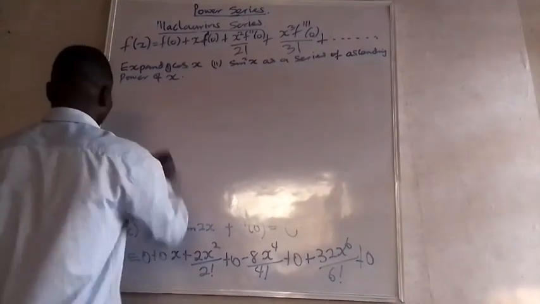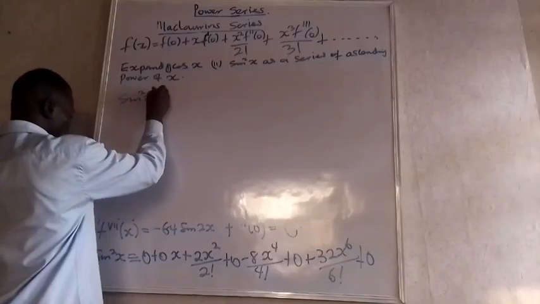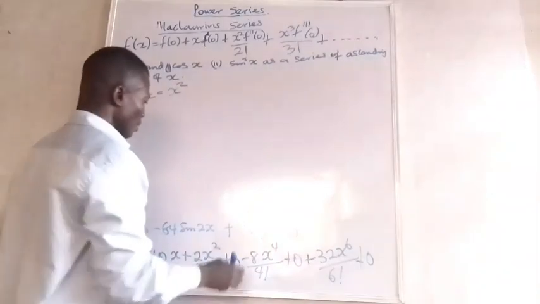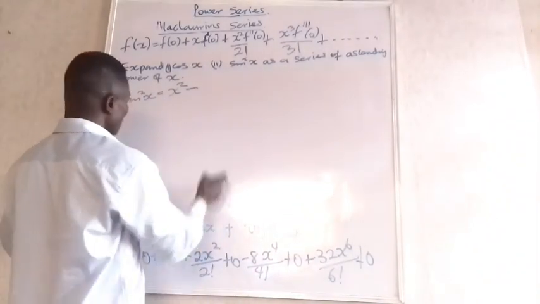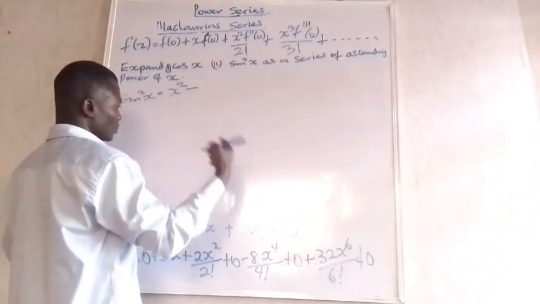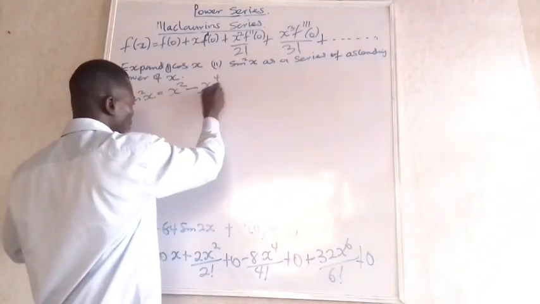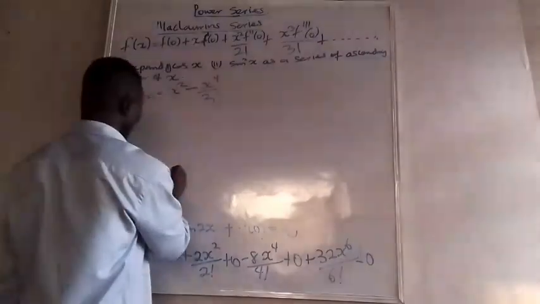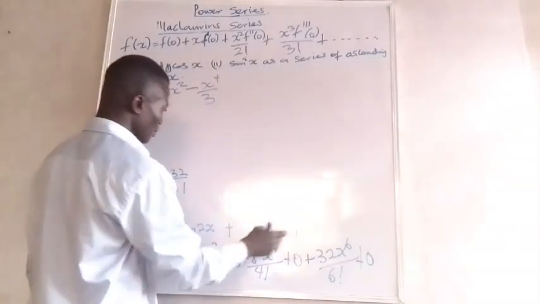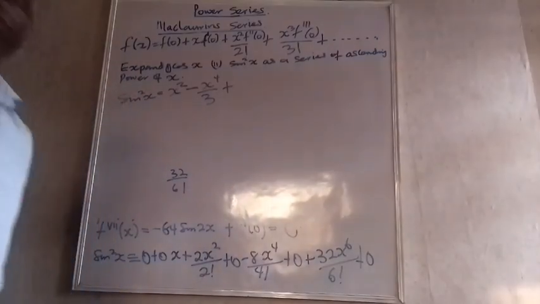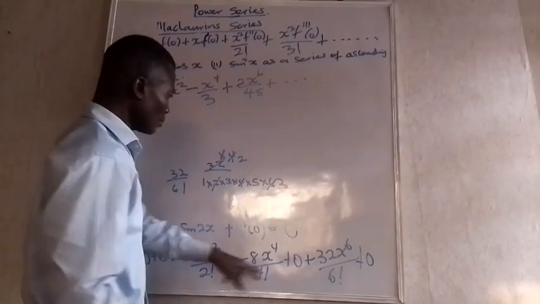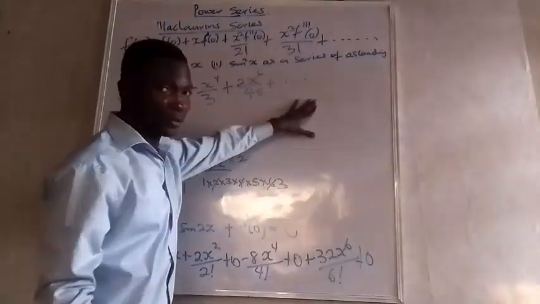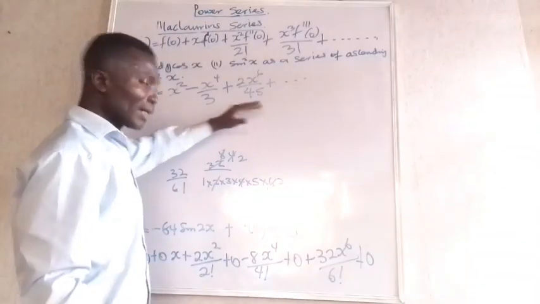Sine square x is equal to x squared minus 8 over 4 factorial, that is x raised to the power 4 over 3, plus 32 over 6 factorial, that is 2x raised to the power 6 over 45. So this is the expression for sine square x.